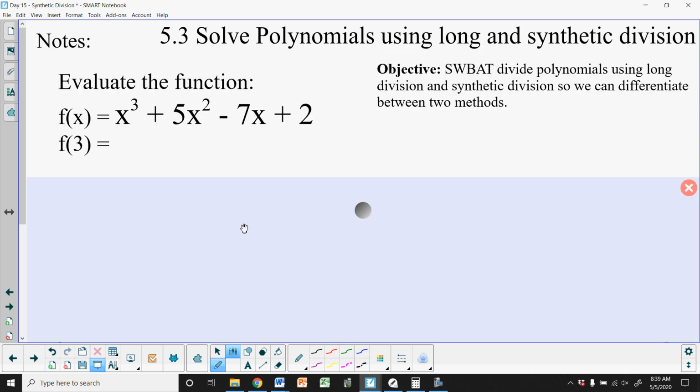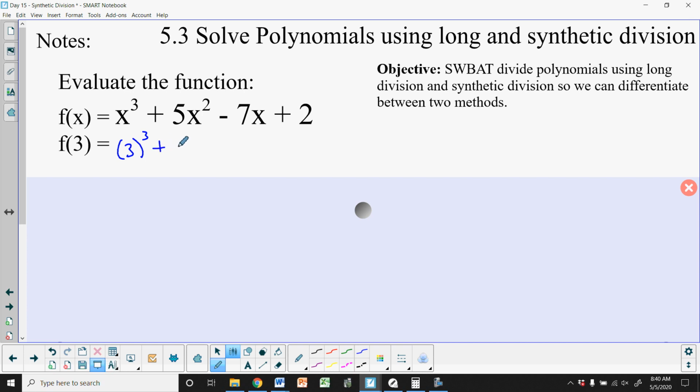So synthetic division actually comes from this process. Back before calculators, people had a hard time evaluating certain polynomials. So if we were to evaluate this polynomial here, and you'll want to again add this to your notes. If we were to evaluate this, we would do 3 to the third, and then we would plug, again, we're just plugging the 3 in for the x's here.